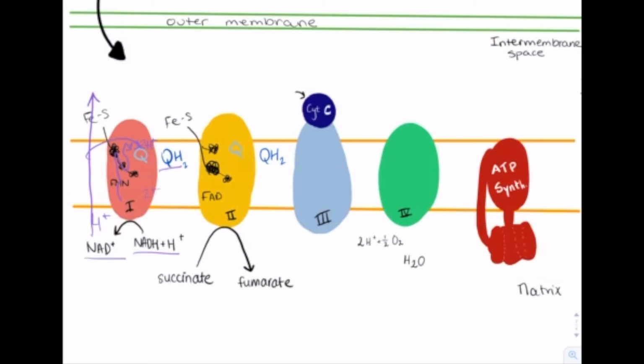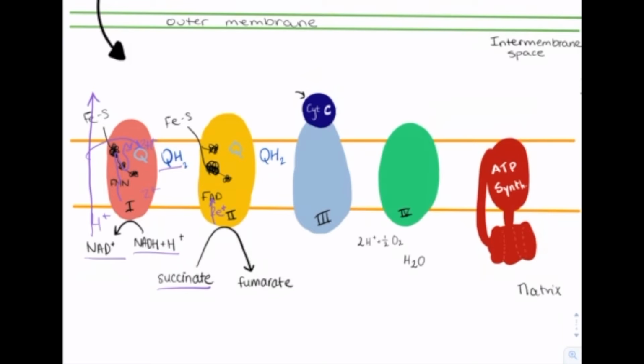intermembrane space. Following with complex 2, at the same time that NADH is being oxidized into NAD+ in complex 1, in complex 2, succinate donates 2 electrons to FAD, which results in FADH2.